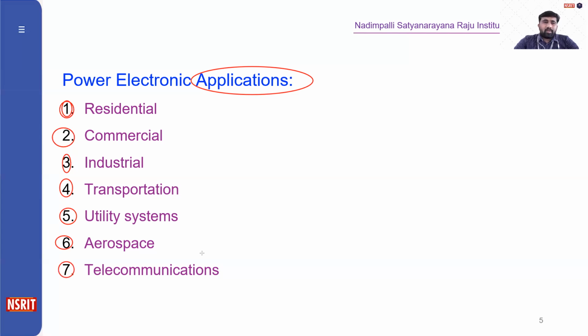So without power electronics, nothing is there. Precise controlling, sensing, and conversion of the power supplies, all these things are possible with power electronics devices.